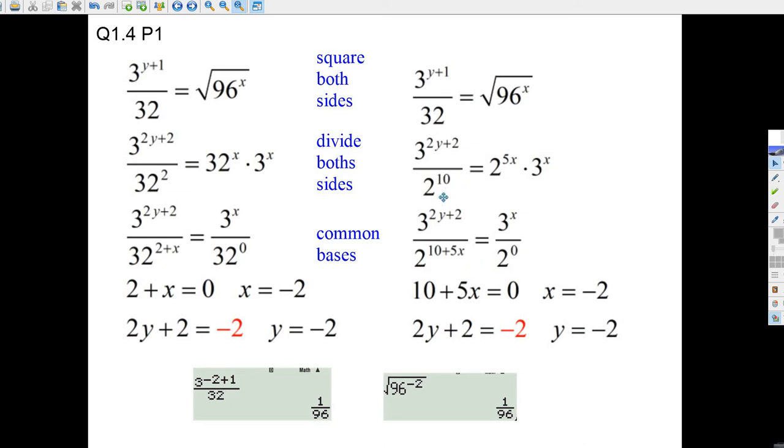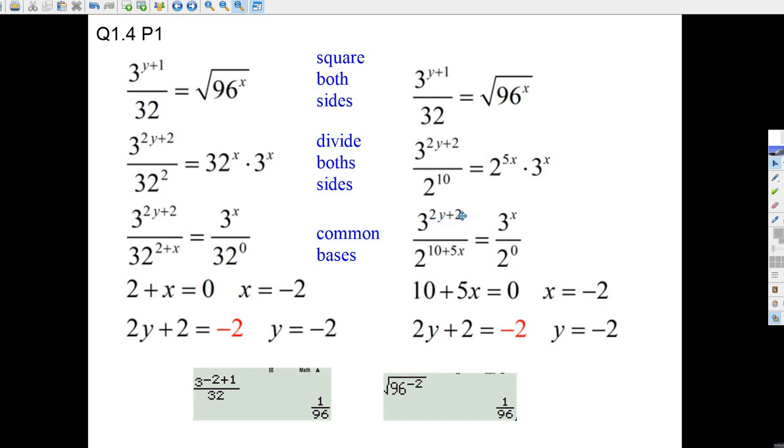And here I multiplied by 2 to the 5x. Something special happens now. I've got 3 to the x on the top. Now I've got the bases the same, and I wrote this as 2 to the 0 so I could have the bases the same. Now I've got an equation: 10 plus 5x equals 0. I subtract 10, divide by 5, and I get my answer: x equals minus 2.